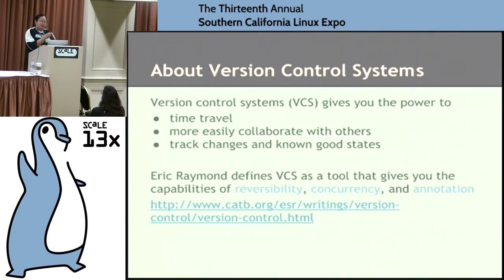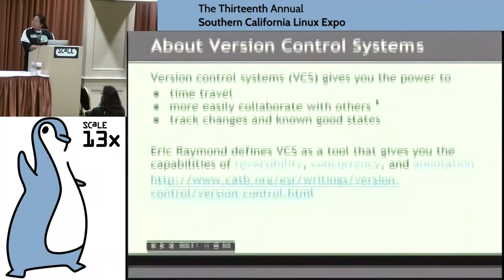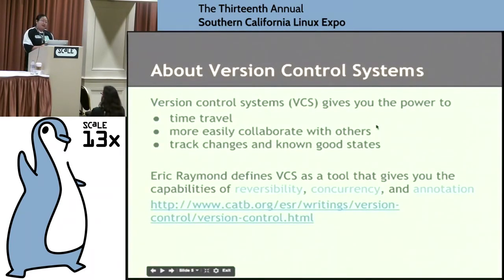If you were able to annotate your change sets, and you were able to explicitly say what you did every time you did a commit, then you could kind of guess from the commit log messages where you should go back, where the problem started. And so the best thing about version control systems, in my opinion, is the ability to track changes, to more easily be able to track your way back to a good state.